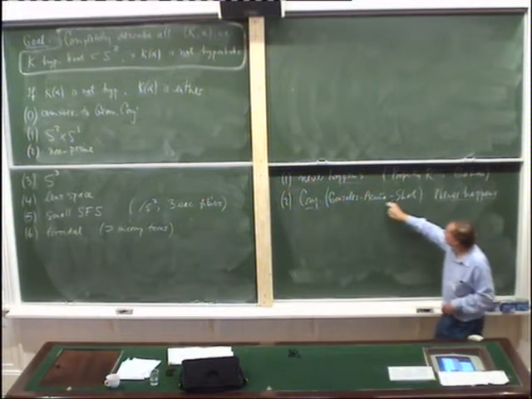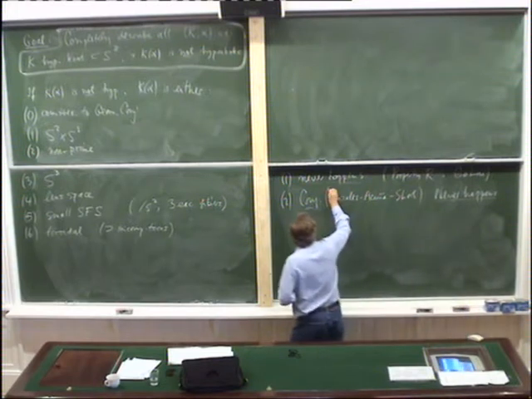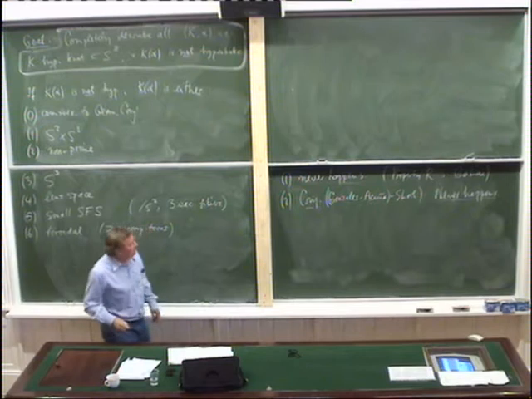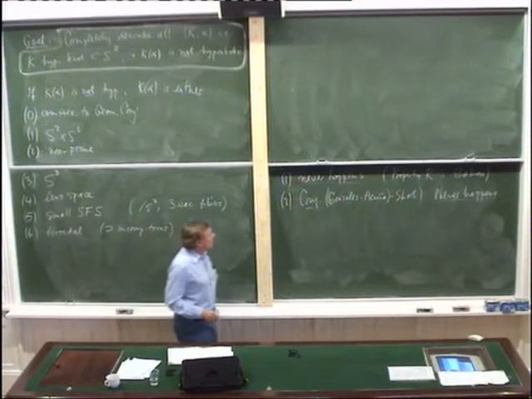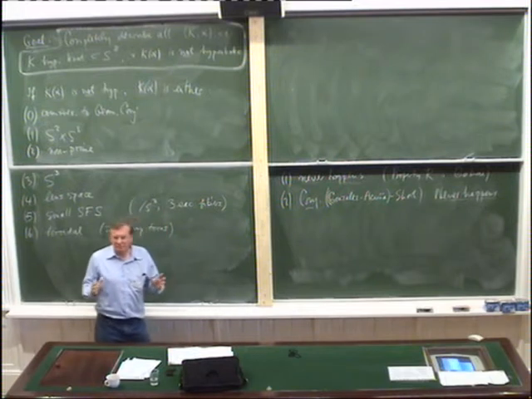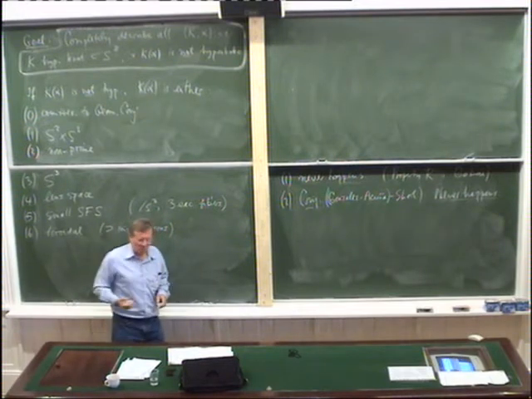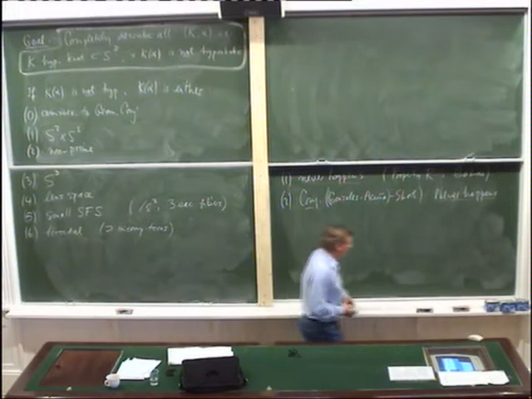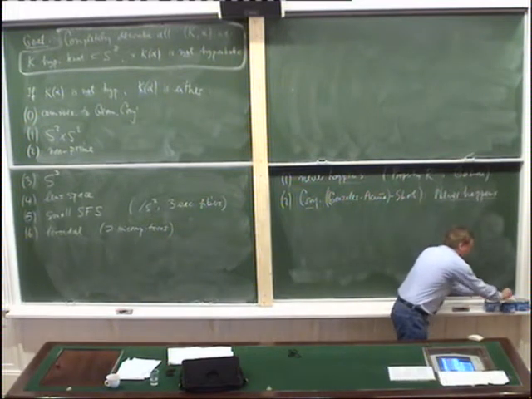So this is supposed to never happen, and this is an open problem. So I won't even assign this as homework. I mean, if you want to turn it in, that's good. So that's a nice problem.